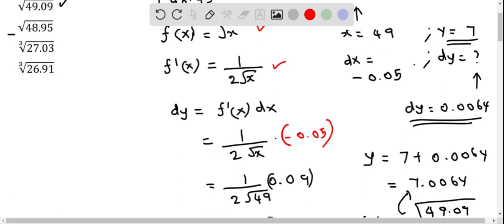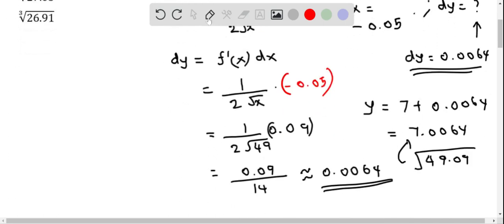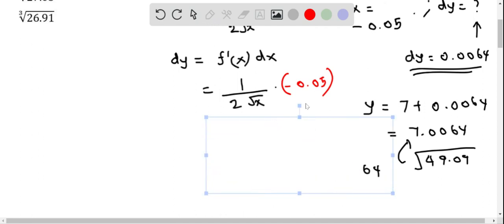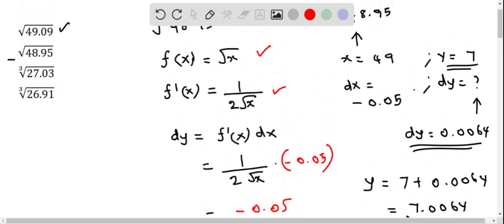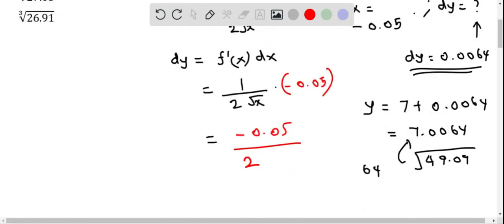This is the only change we have to make. So we get minus 0.05 divided by 2 times square root of 49, which will be 7.